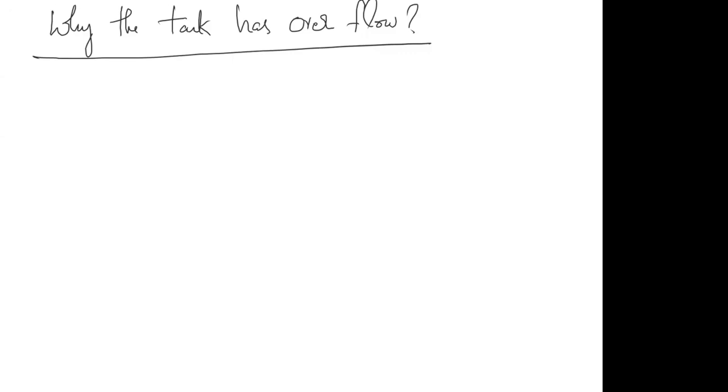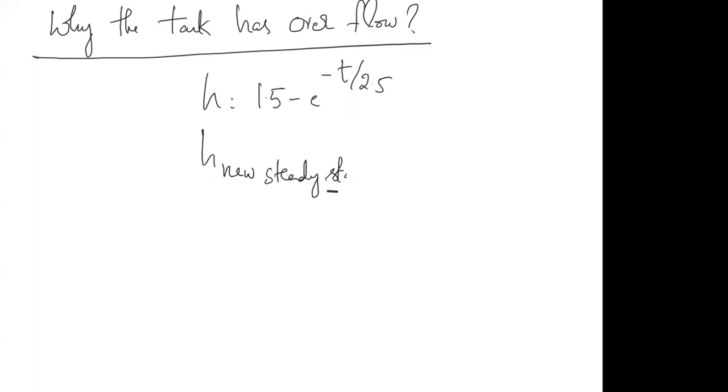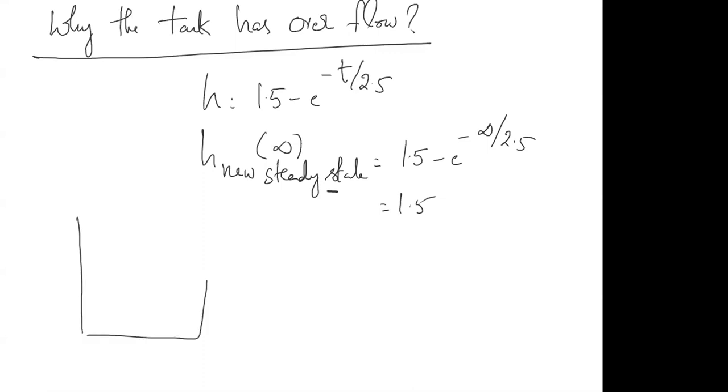Why the tank has overflow is simple. You take the height relation, height equal to 1.5 into e power minus t by 2.5. So what will be the new steady state? The new steady state is 1.5. This is the previous steady state at time t equal to 0, this is the height.